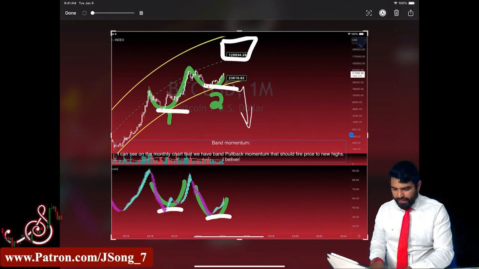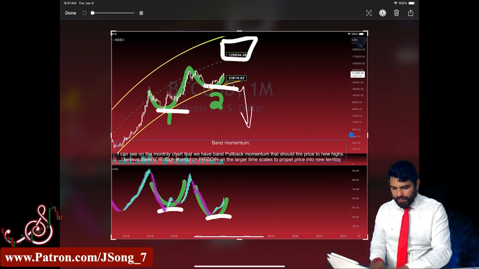I believe there is enough energy on Bitcoin on the larger time scales to propel price into new territory.